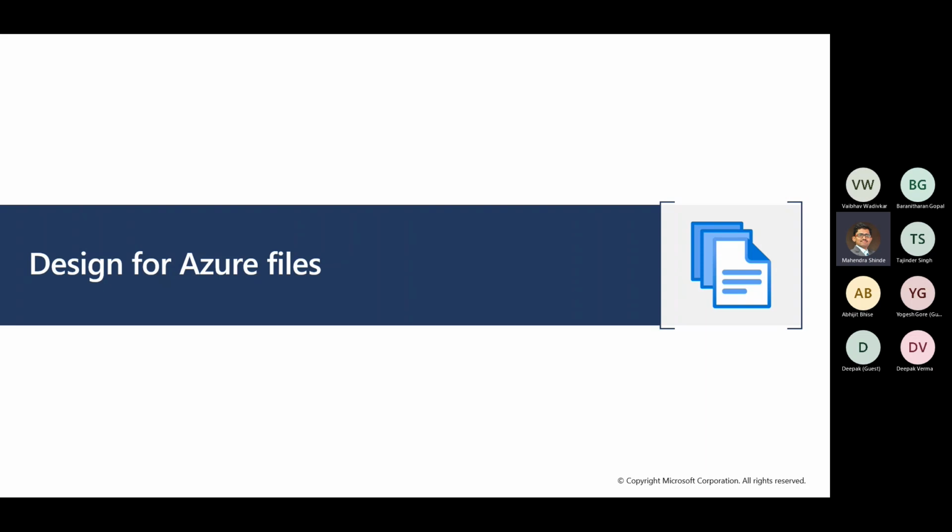Blobs are OK for accessing files, binary files, large files. But when it comes to accessing files, Azure file share is better than blob. Why? What is the difference here in Azure file? Azure file will allow you to actually mount it.